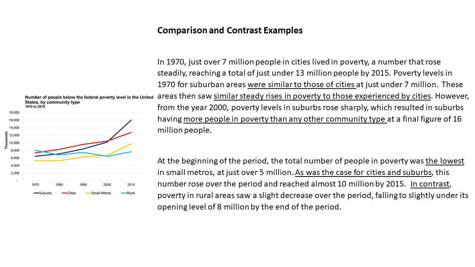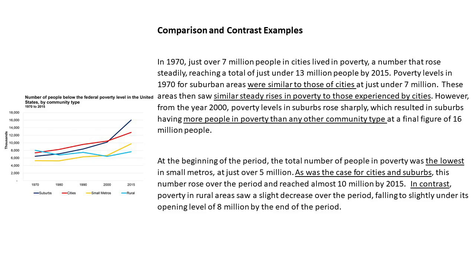Let's keep going. Next, these areas then saw similar, again I'm using the word similar, steady rises in poverty to those experienced by cities. That whole sentence here is just me putting the data in relation to what's around it, showing comparison and contrast. Even this word here, however, shows contrast.